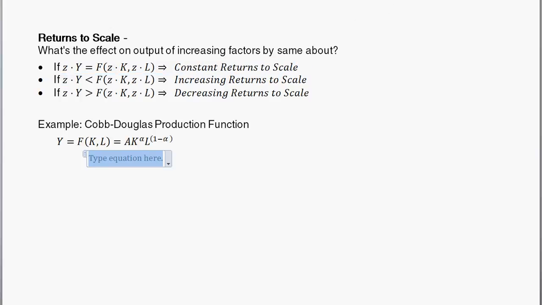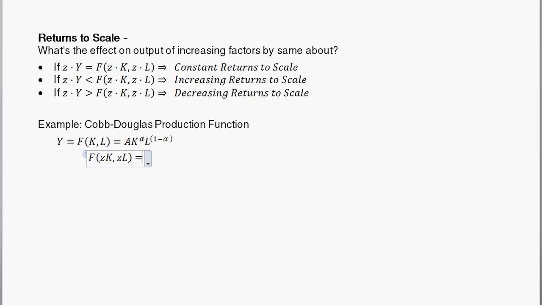Okay, but how do you show that it's constant returns to scale? First off, let's start with a production function. We're going to use this general Cobb-Douglas production function. Then I'm going to increase the factors by some amount z.